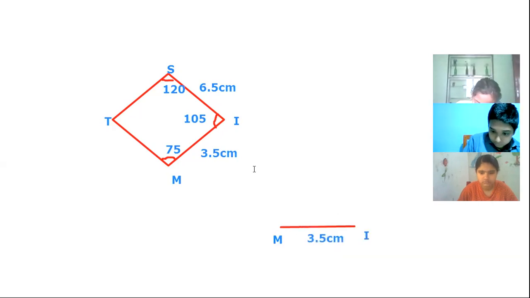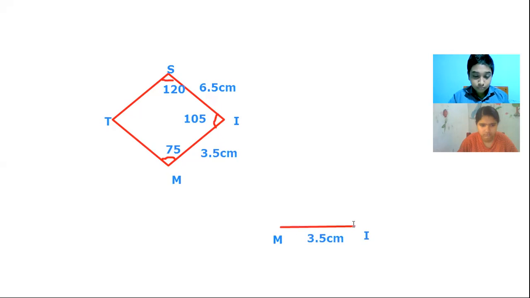Then we know the length of the side IS. But before drawing the side IS, you just have to make an angle of 105 degree at I.